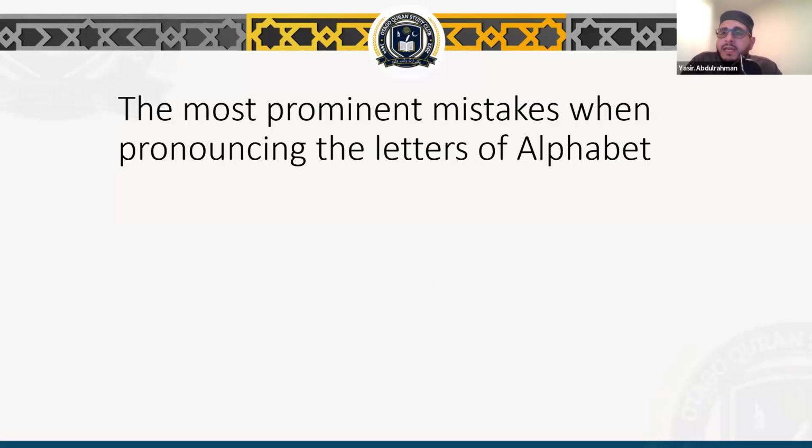But some people do incomplete idgham, some people do complete idgham. Both of these are not correct. The only one which is correct is a clear idhar for the ghain: la tuzigh qulubana.